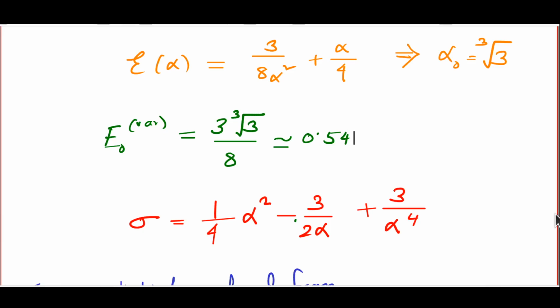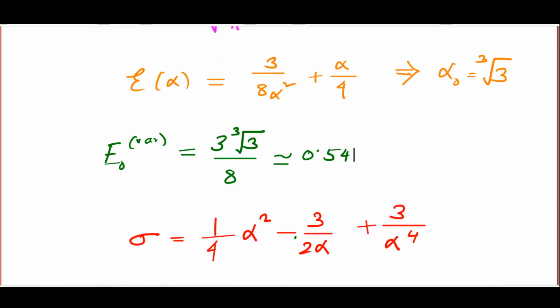I am not going to bore you with the details of the integrals evaluated, but in the end of the day, you will get sigma given by 1/4 alpha squared minus 3/2 alpha plus 3 by alpha to the 4. I will ask you to verify this result in an assignment. And of course, if you know how to evaluate the Gaussian integrals, which we have discussed in the last lecture as well, it should be pretty easy to calculate this result.